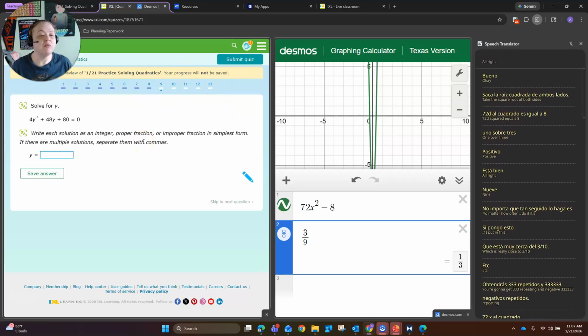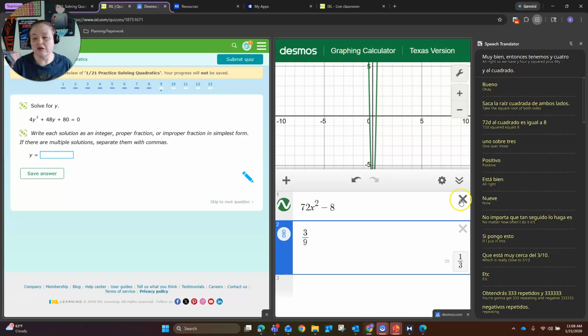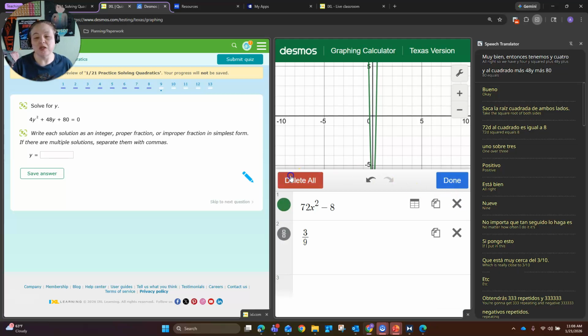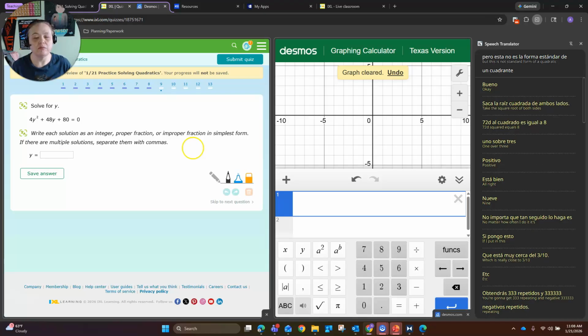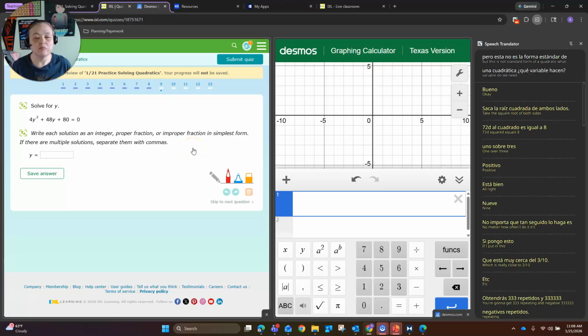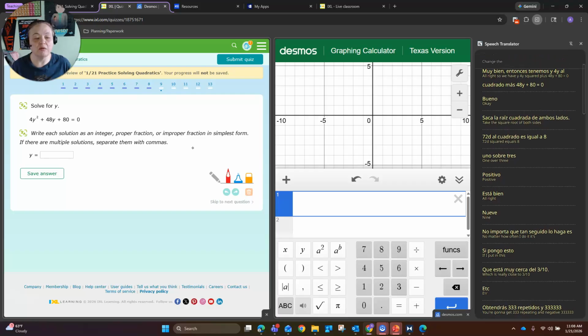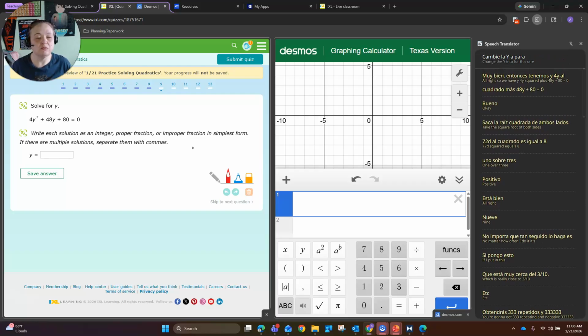All right, so we have 4y squared plus 48y plus 80 equals 0. But this is not standard form of a quadratic. What variable do we need to change the y into for this one? Should we leave it as y, or should we change it? I would change it to x, yes.